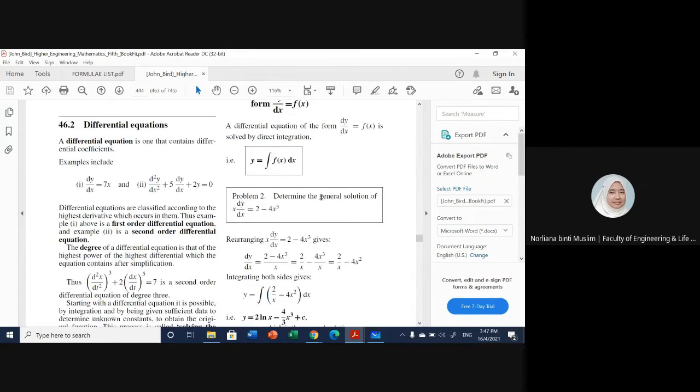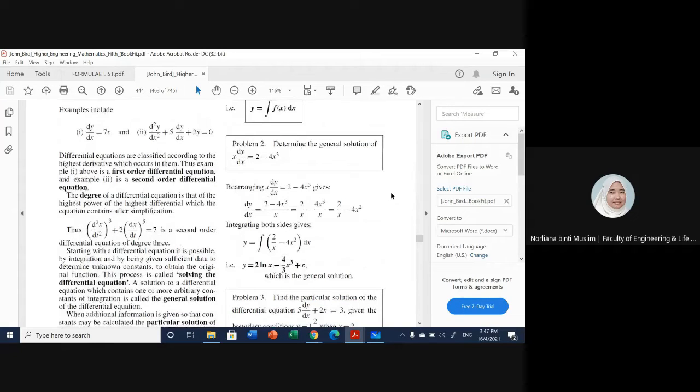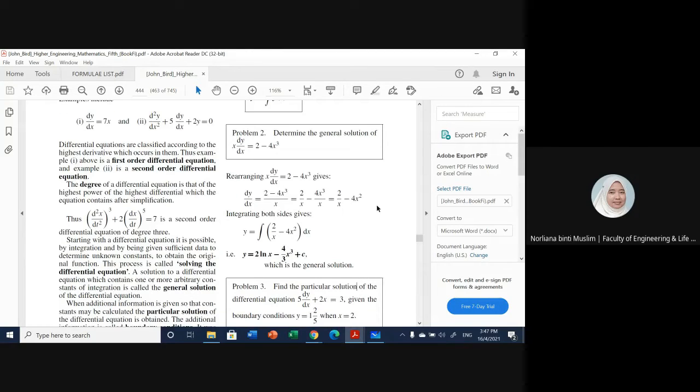So what is the difference between the general solution and the particular solution? The general solution is the solution that we derive from the methods, very simple at the first stage. The particular solution is the solution that we derive after the general solution by substituting the initial value given in the problem.